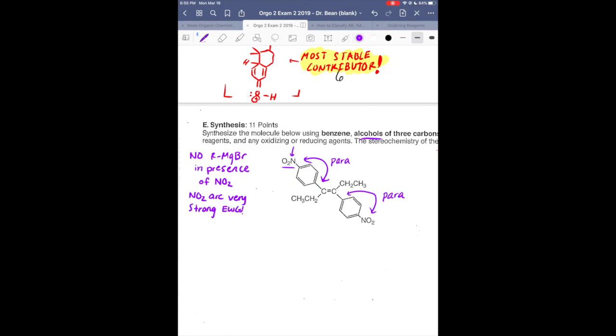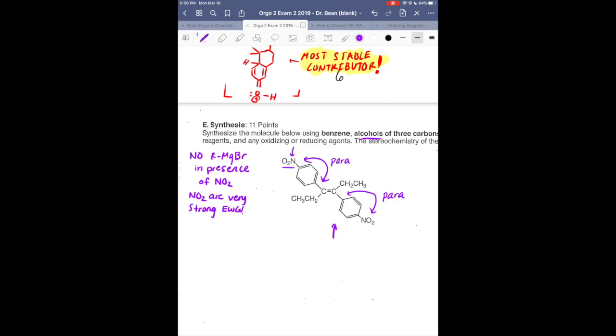You can't have EAS with a very strong electron withdrawing group on your benzene ring, because your benzene wants to act as a nucleophile. If you have electron withdrawing groups on the benzene ring, then you are withdrawing electron density from something that wants to have more electron density and wants to act more nucleophilic. So you want to avoid having those nitro groups. My advice would be, if you can add those nitro groups as your first arrow, aka as your last step, for sure do it.